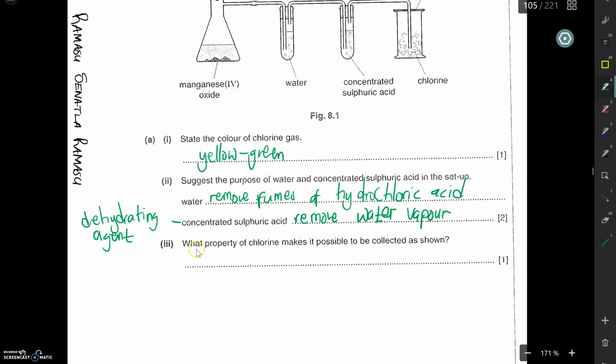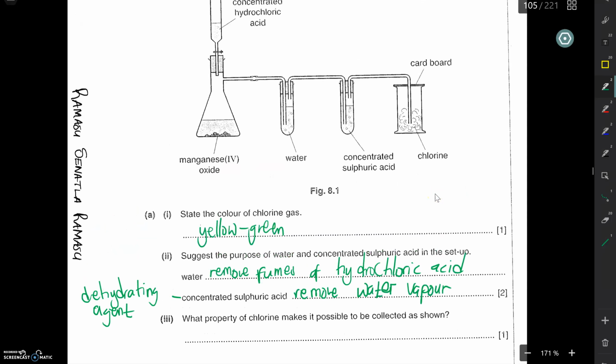Part 3 says what property of chlorine makes it possible to be collected as shown. Well, chlorine is denser than air. All right. So this method is called upward displacement of air.